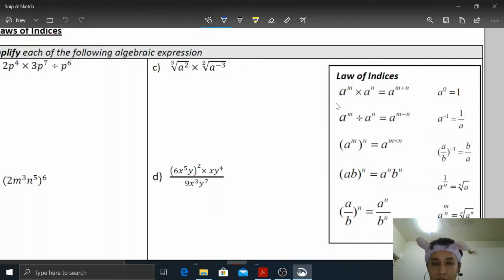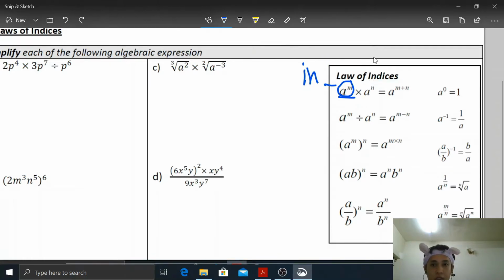This whole thing is what we call an index. Technically the term indices is actually referring to the power. So remember, the whole term is called an index, and the indices we are referring to is the power. You have learned a few laws of indices.